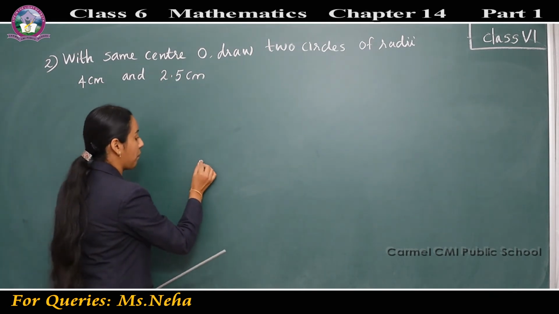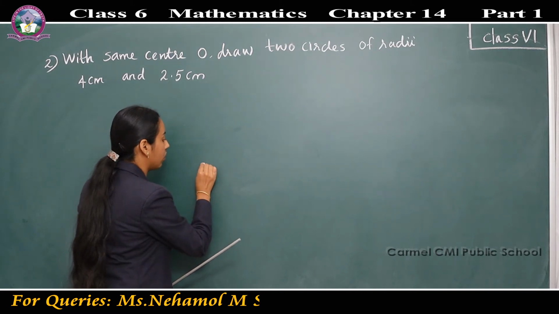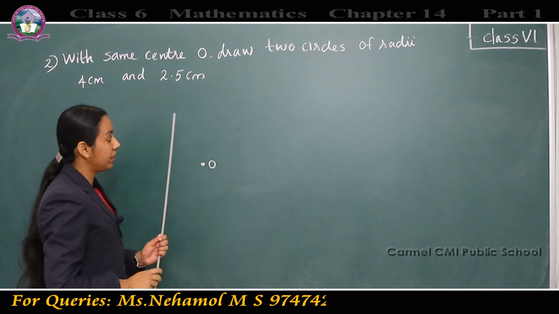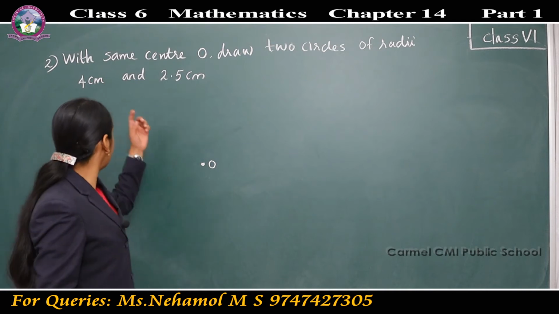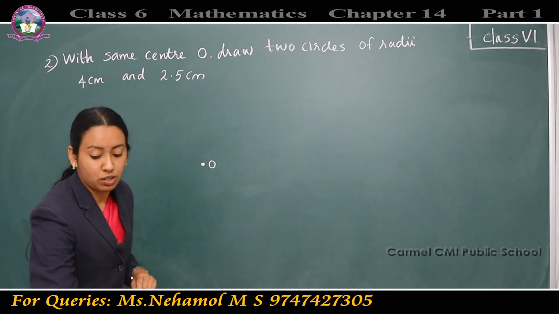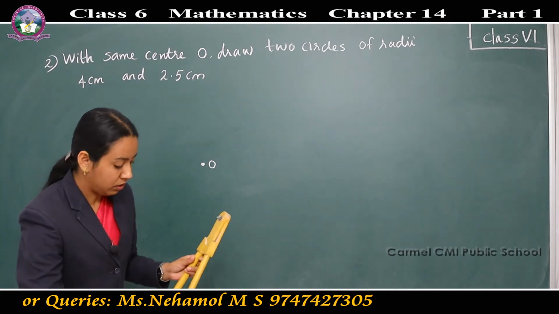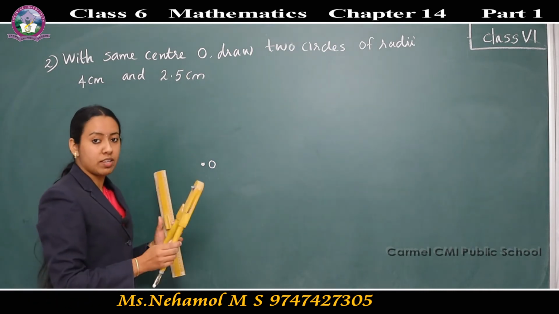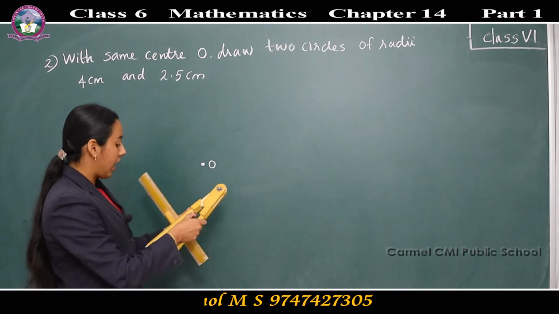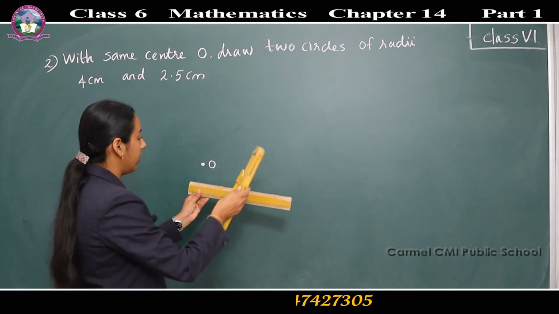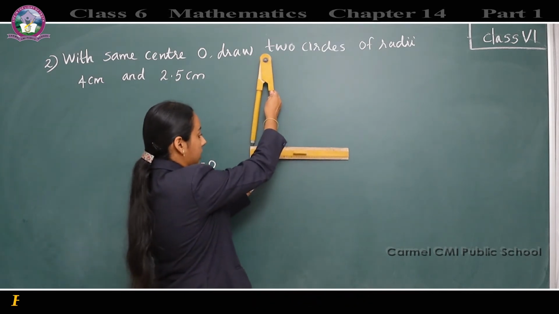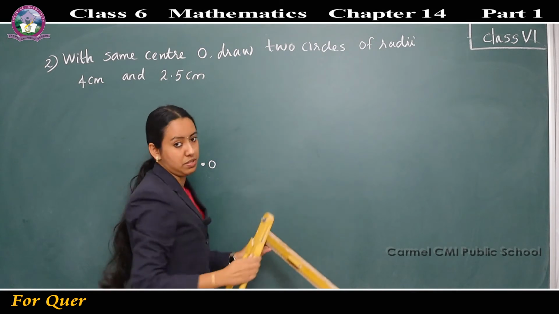First we have to mark a point O. Then we have to take radius 4 centimeter. So take the compass, open the arms of the compass and using the scale take 4 centimeter on it. It is 4 centimeter.